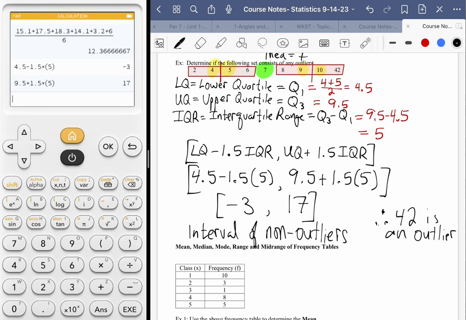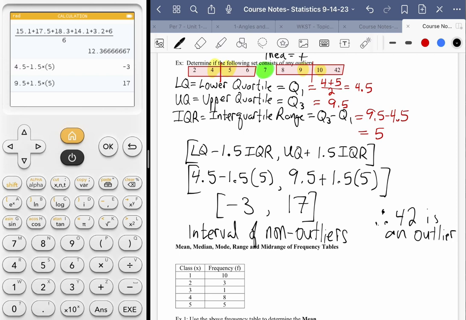Now, just a kind of practical definition, the difference between something that's unusual and something that's an outlier is that an outlier really shouldn't be there. If you look at that number, there's something about it that says, you know what, I think this might be a mistake, or it's just such an extreme outcome that it's likely out of the ordinary. It's not something that we would consider part of our data set because it's so rare.